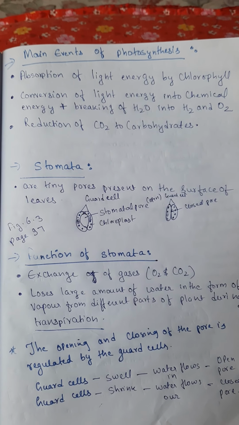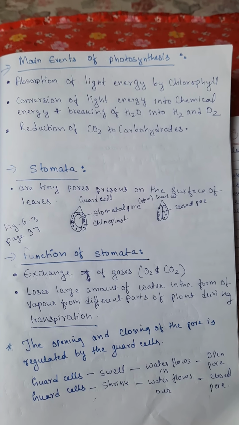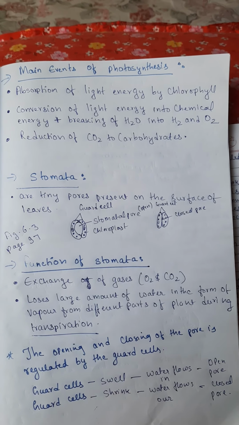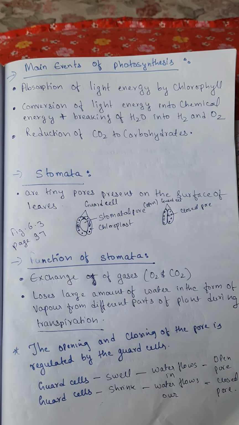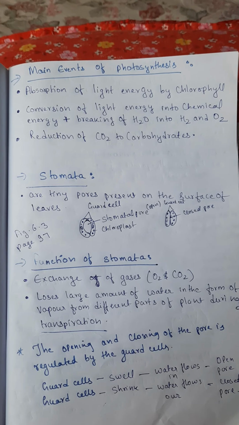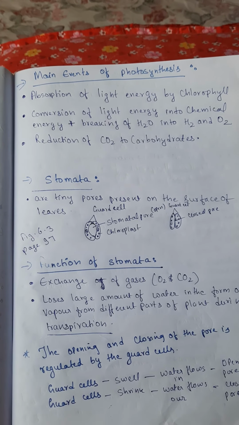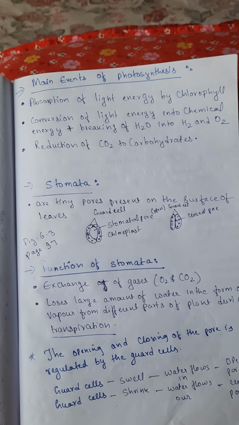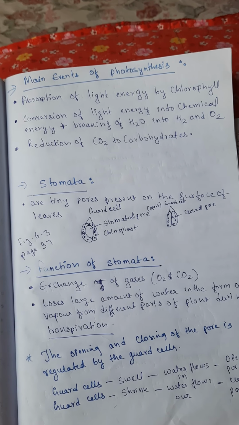Now, what happens during photosynthesis? There are 3 steps which occur during photosynthesis. Number 1, absorption of light energy by chlorophyll. That means sunlight is captured by the green coloring pigment, that is chlorophyll. Number 2, conversion of light energy into chemical energy and breaking down of water into hydrogen and oxygen.